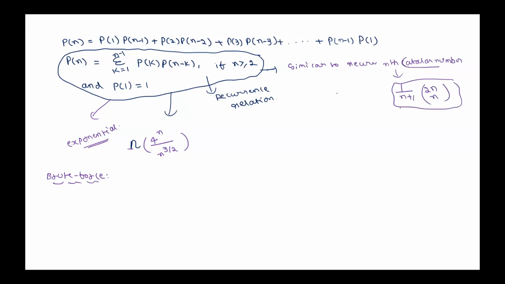This is the number of binary search trees possible with n nodes or n keys. It is close to big omega of 4 power n by n power 3 by 2. That means it is exponential.